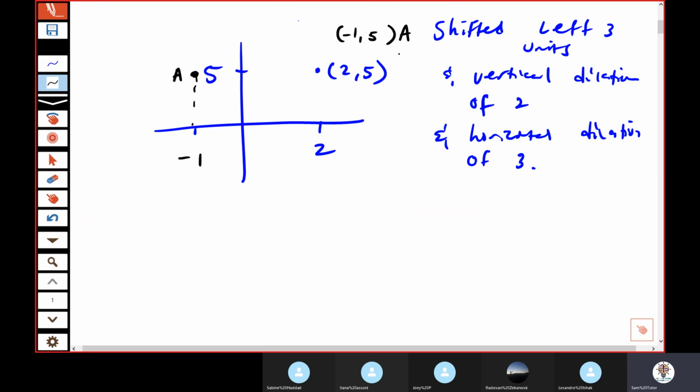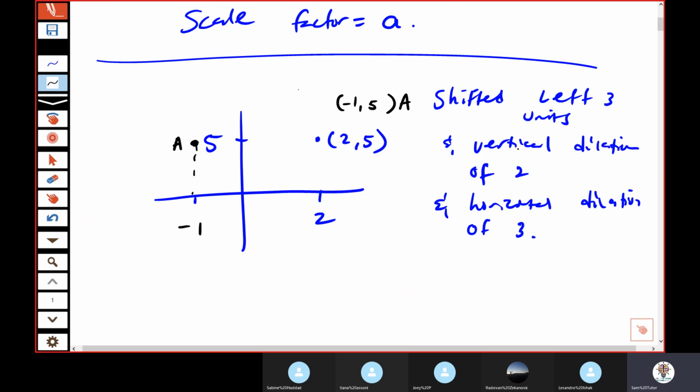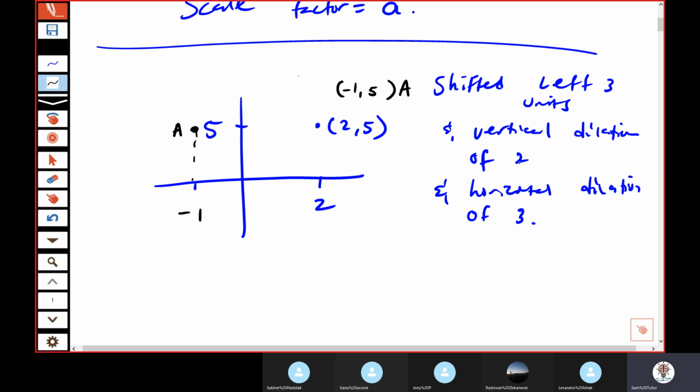A vertical dilation. What does a vertical dilation do? It should be A of f of x, which means it changes the whole y value, by the exact same scale factor. So what's the scale factor? It is 2.